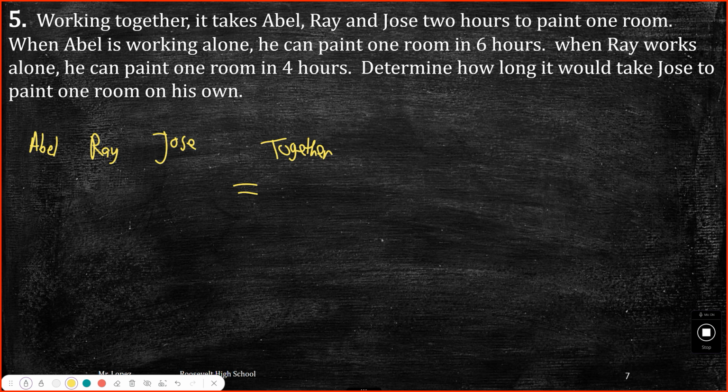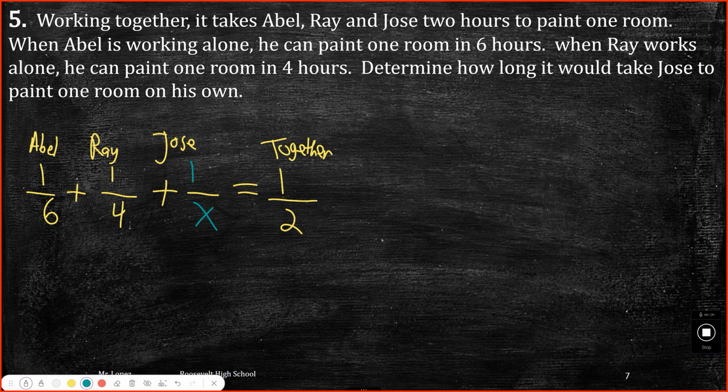Paint one room. So we're gonna go one room, 2 hours it takes them. And now we're gonna break that down into these fractions of them individually painting a room. How long does it take Abel to paint one room? 6 hours. Ray? 1 room, 4 hours. And Jose is what they're asking us to figure out: how long does it take Jose to paint one room.